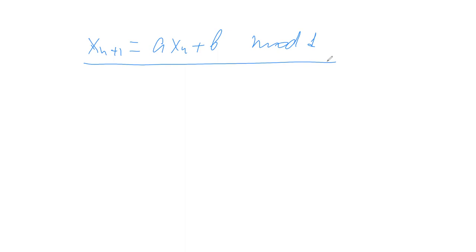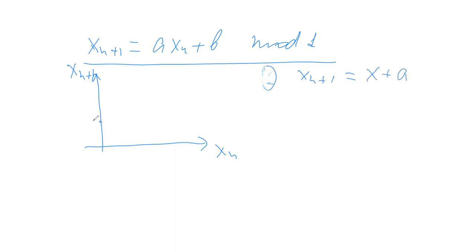Good. Now I will get back to plotting. Let me consider the first case, x n plus 1 equals x plus a. So this is problem number 1. This is a, and the slope is 1, so it will be something like this.